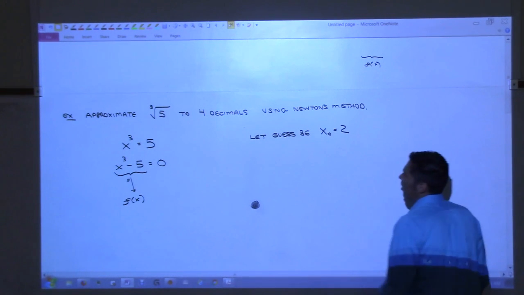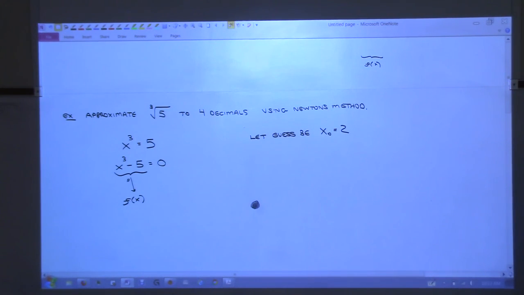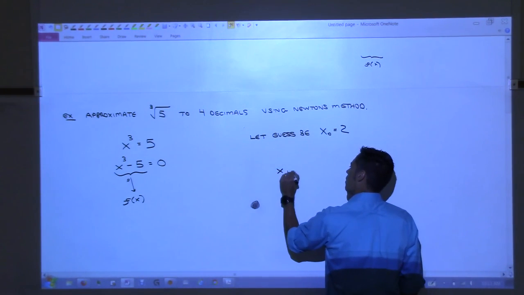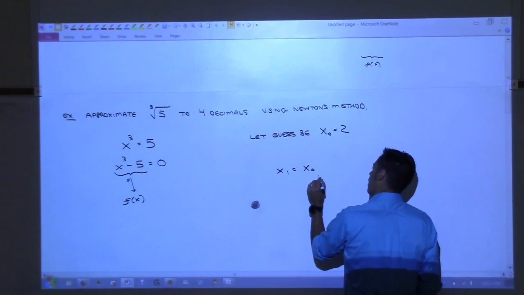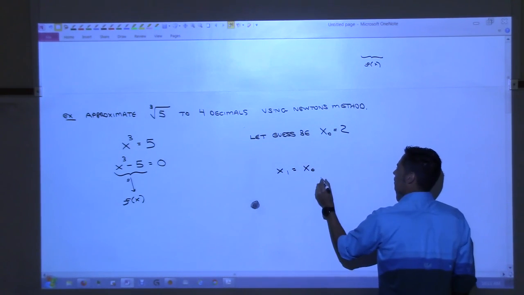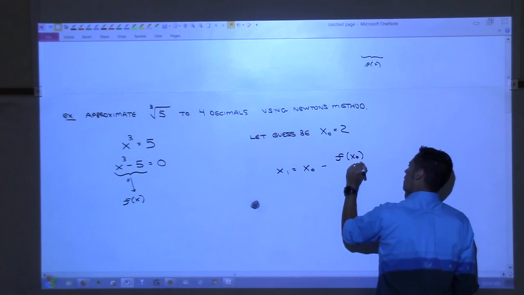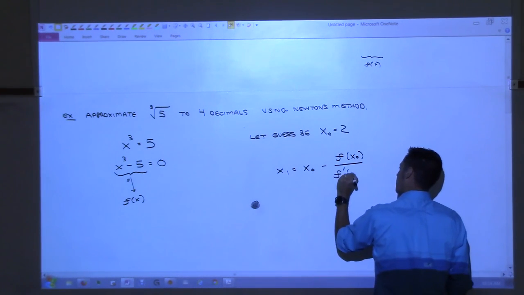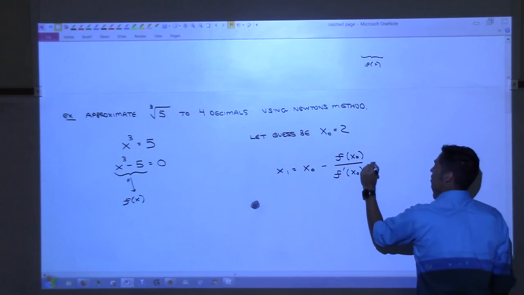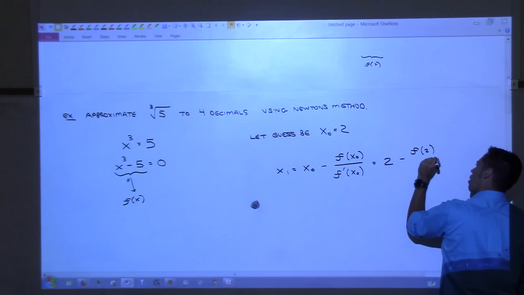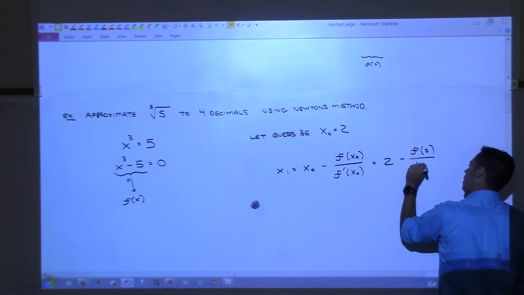All right, so what now? Calculate x sub 1, right? So I need to calculate x sub 1, and the formula is x naught minus f of x naught over f prime of x naught, which for us is really 2 minus f of 2 over f prime of 2.